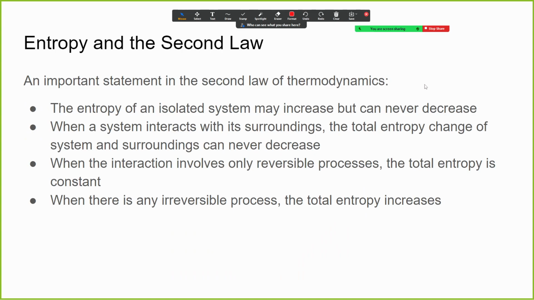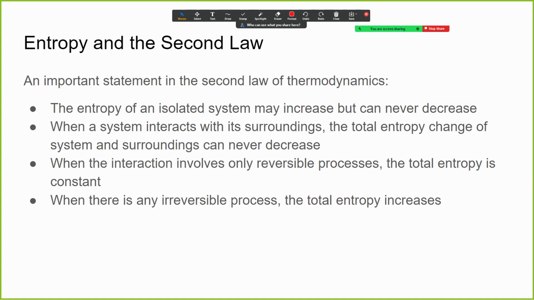So, an important statement in the second law of thermodynamics: the entropy of an isolated system may increase, it can never decrease. When a system interacts with its surroundings, the total entropy change of the system and the surroundings also can never decrease. When the interaction involves only reversible processes, the total entropy is constant.